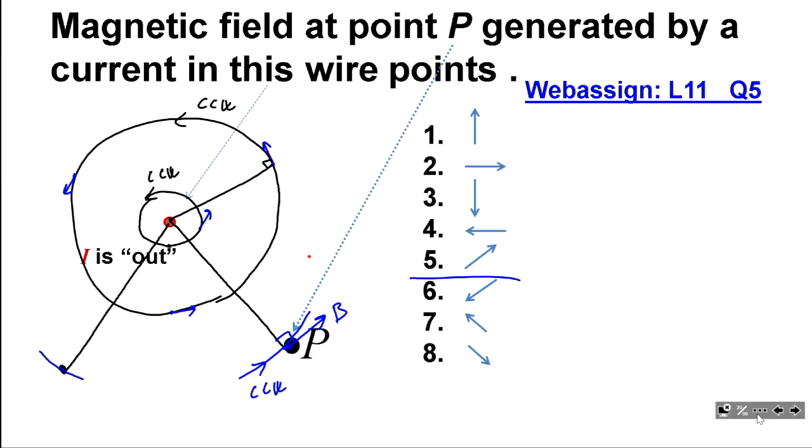Then I have to make a statement about the direction. For that, I have to use my right-hand rule. My right-hand rule says right here, the magnetic field lines point, again, counterclockwise if we complete the whole circle. But all I need is just one vector perpendicular to this radius. That will be the magnetic field vector. That's it. That's how it works.